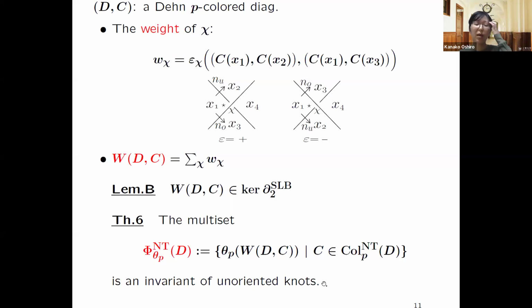So this invariant is called the cocycle invariant, or symmetric local biquandle cocycle invariant. In this talk, I just say cocycle invariant.